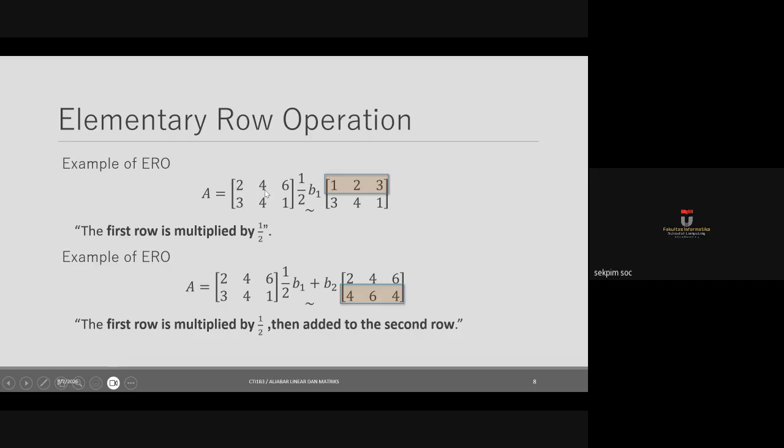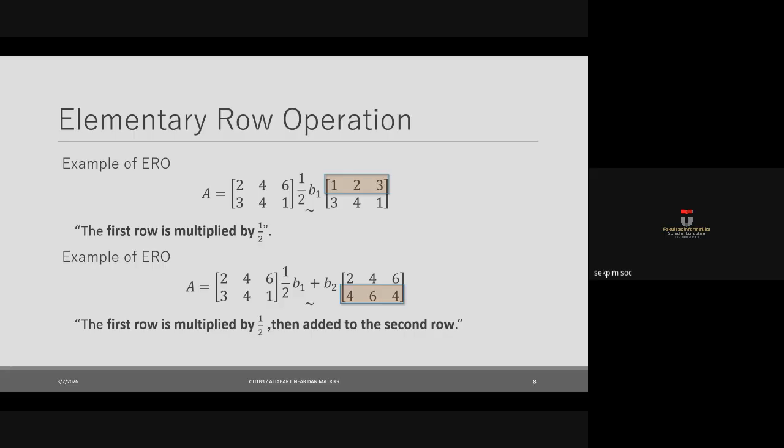So you have 1, 2, 3 here. Okay, so this is the example of the second row operation, which is you can multiply a row with a non-zero constant.